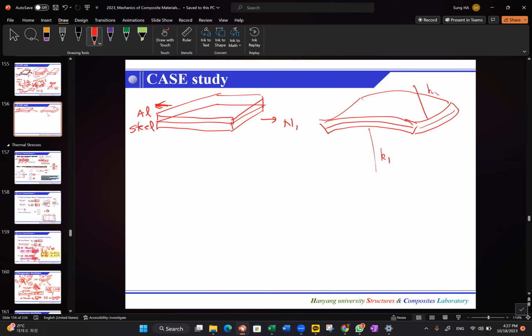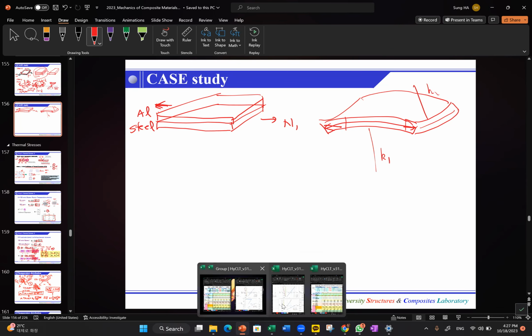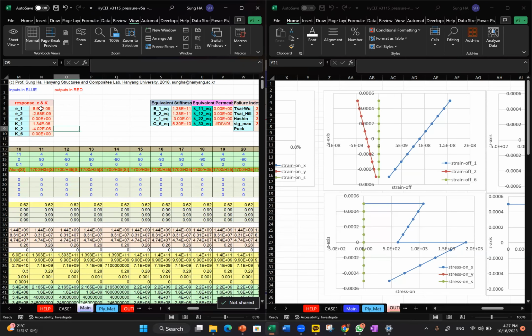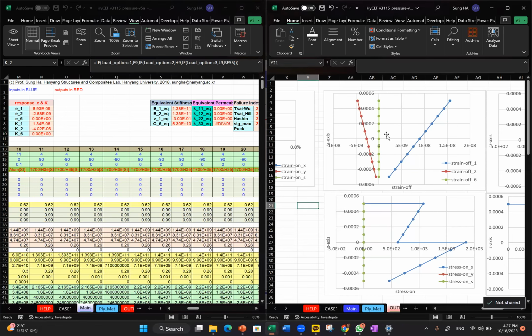Of course, this is the extension. How do we know that? As you can see here, by number, you can see the extension and contraction and curvature and anti-curvature. We add them, and this is the final strain.